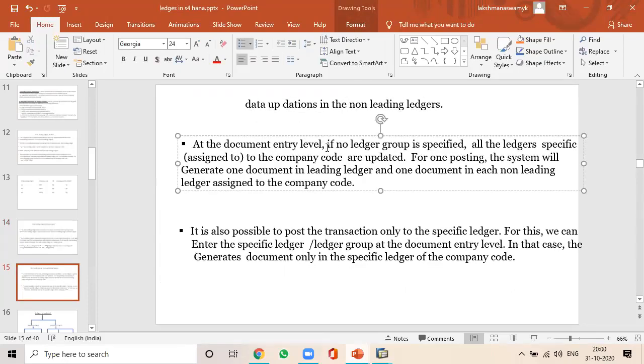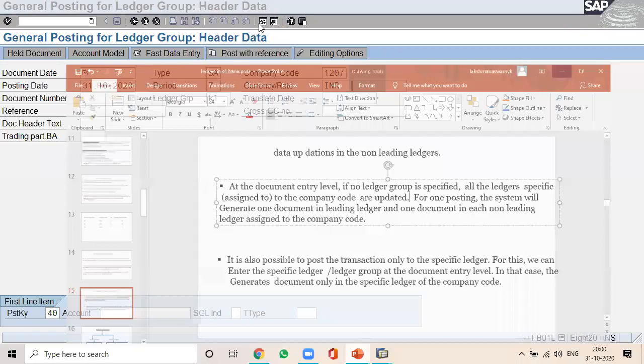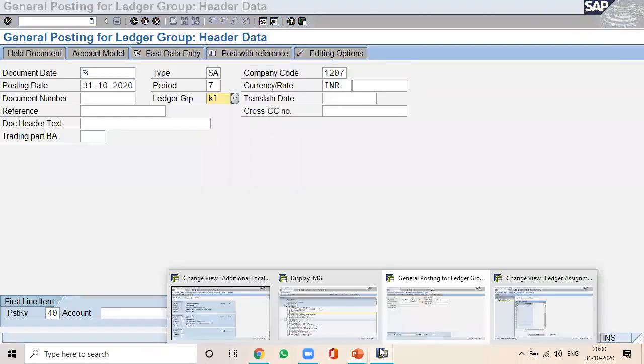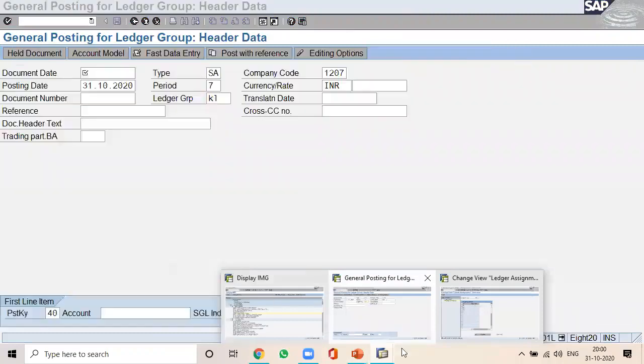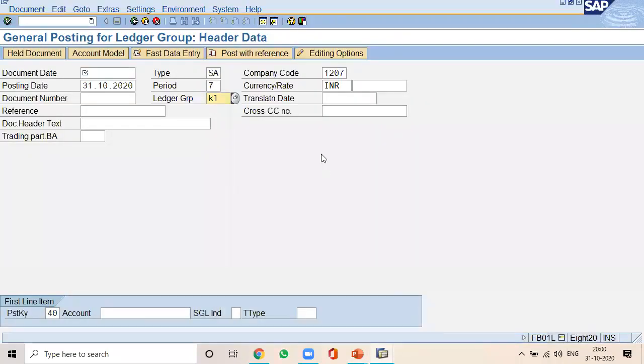Then data updations in the non-leading ledgers. At the document entry level, if no ledger group is specified, all the ledgers specific to the company code are updated. All the ledgers which are assigned to your company code are updated. How? See, at the time of posting the transactions, you are giving the company code, no?